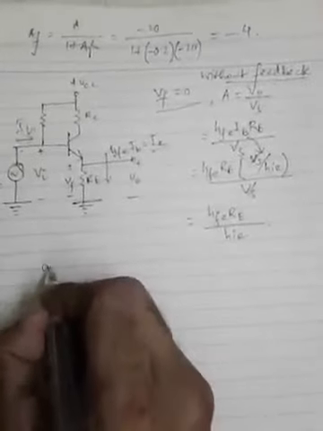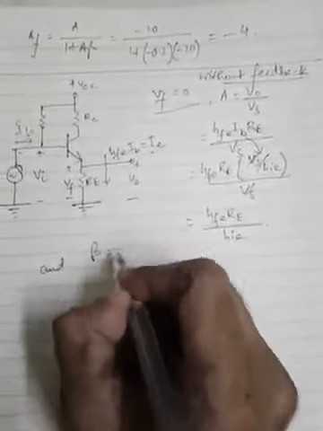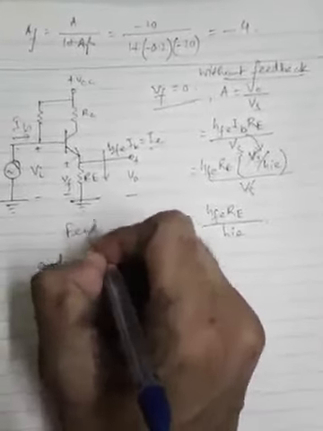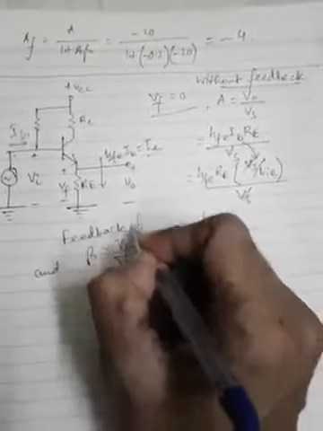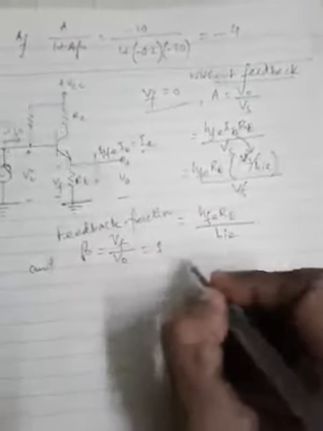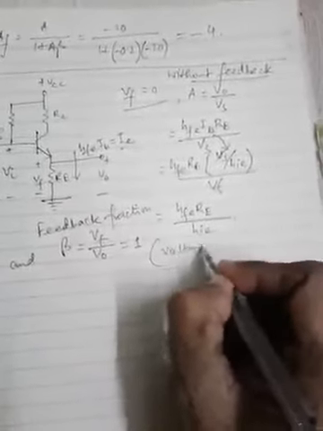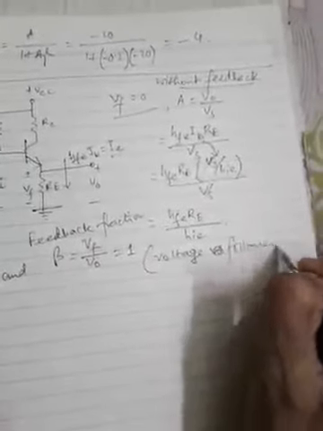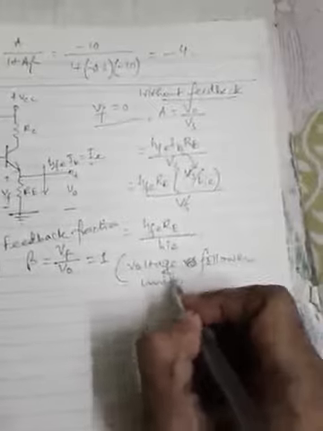and also we know beta is equal to Vf by Vo, which is the feedback fraction, and that is equal to 1 in this case because of voltage follower, unity gain.